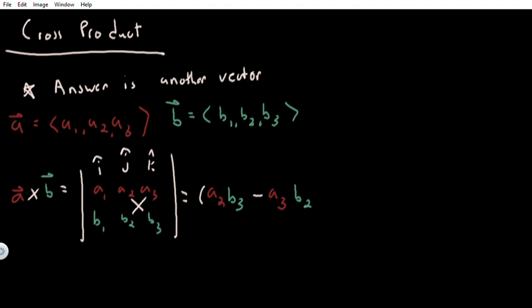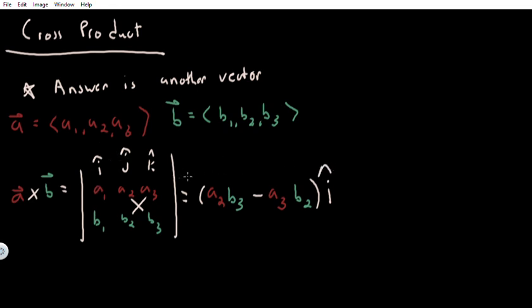Remember how I said the answer is going to be a vector. So we multiply this scalar, this number, by the unit vector i hat, because I crossed out i hat first. That's a good way to remember it.